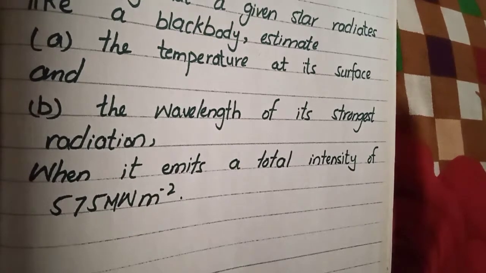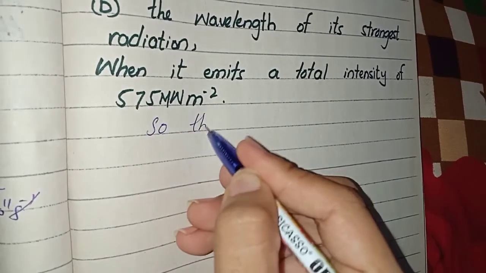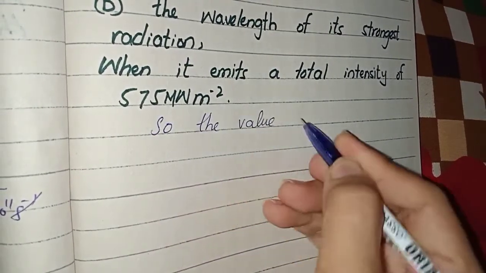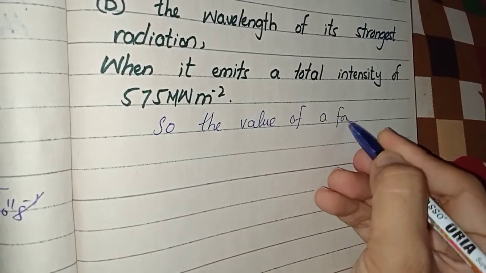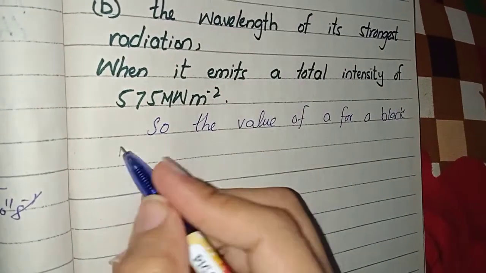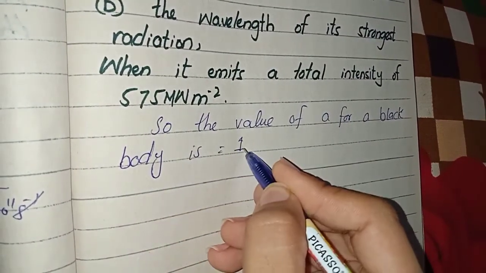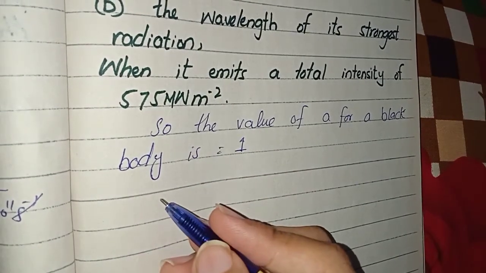Okay, as the body is a black body, the value of A for a black body is equal to 1.